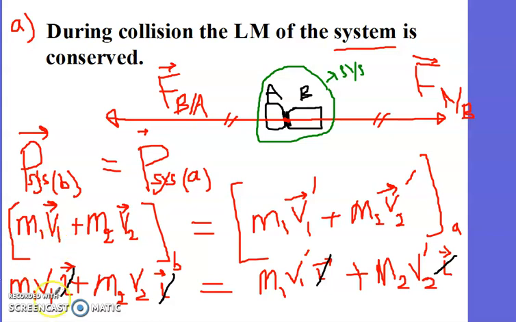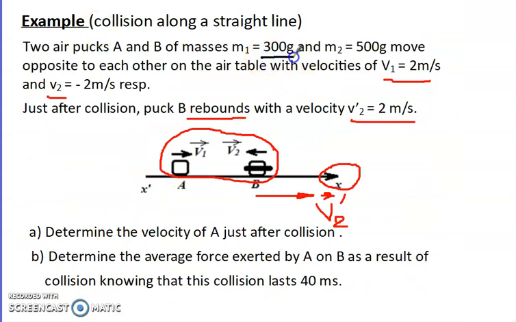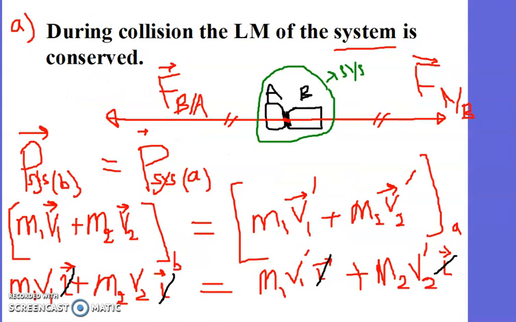Let's replace the values here. M1 is given how much? M1 is 300 gram, M2 500 gram, okay? V1 is 2 and V2 is minus 2. Good. So here 300 gram means 0.3 kilogram into V1, which is how much? 2, right?